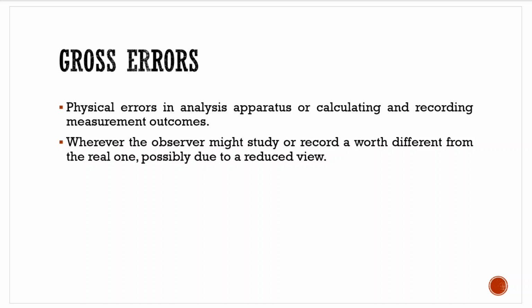Gross errors are physical errors in the apparatus or the calculations or in the recording of measurement outcomes, taking place wherever the observer might study or record incorrectly. The errors that come into the system because of the observer's own mistake, we call gross errors. And gross error is basically a type of random error.